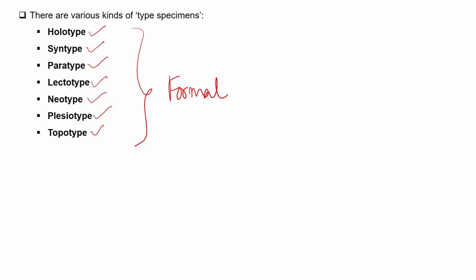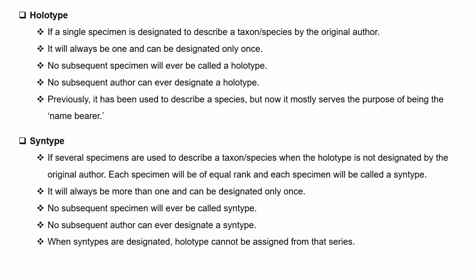So let us look one by one at what all these type specimens are. Holotype, remember, is the original specimen. If a single specimen is designated to describe a taxon or a species by the original author, when it was discovered for the first time, only that particular single specimen will be called the holotype. Therefore, it will always be one single specimen, and it can be designated only once.